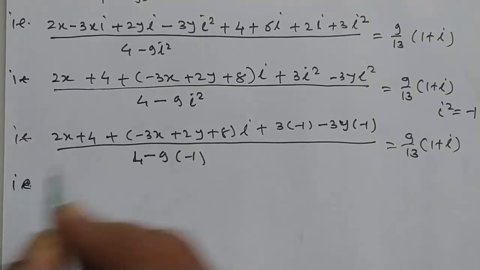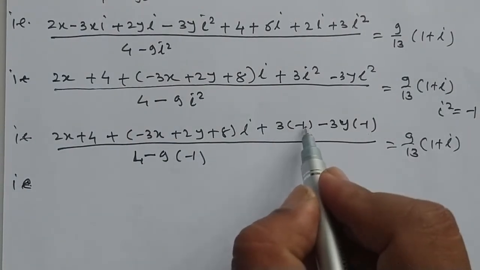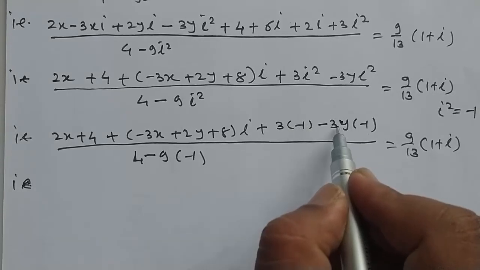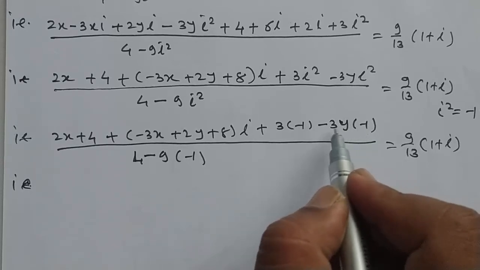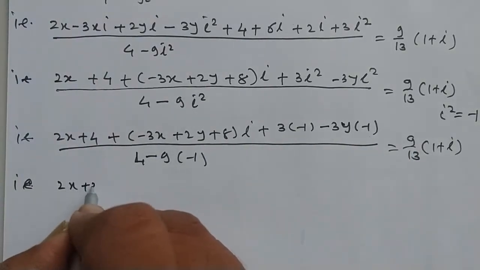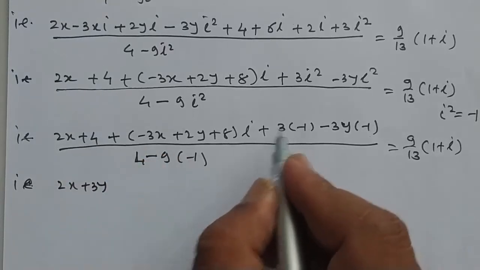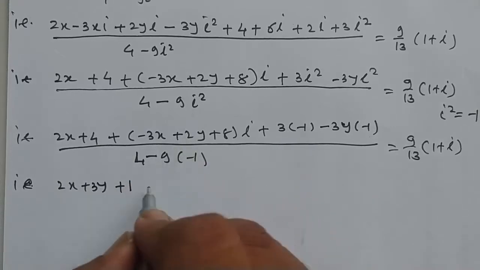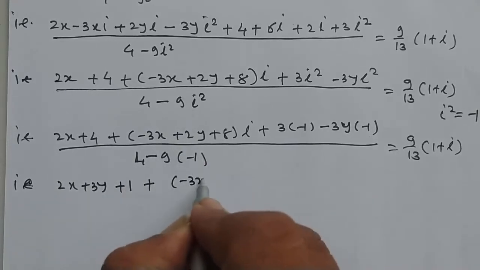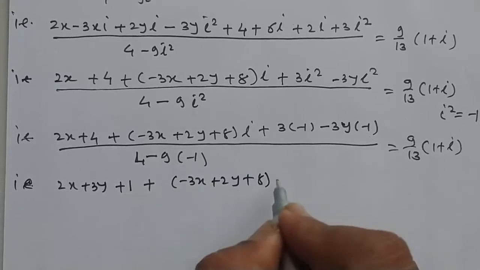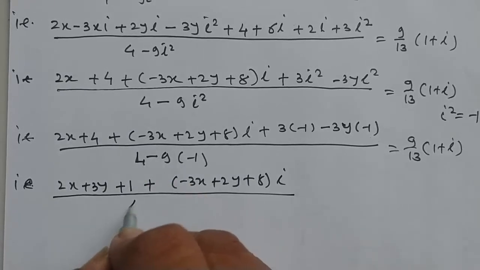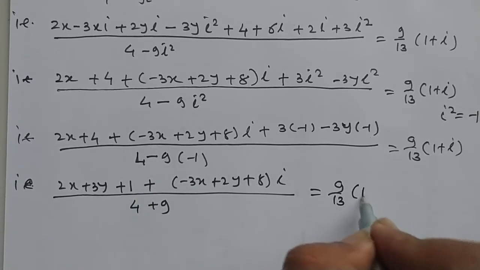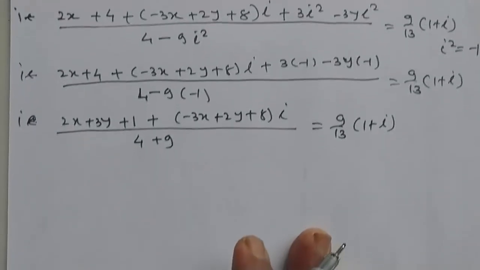That is 3 into minus 1 is minus 3, and minus 3y into minus 1 is plus 3y. So, 2x plus 3y, 4 minus 3, that is 1, plus (minus 3x plus 2y plus 8) into i, divided by 4 plus 9, is equal to 9 upon 13 into bracket 1 plus i.